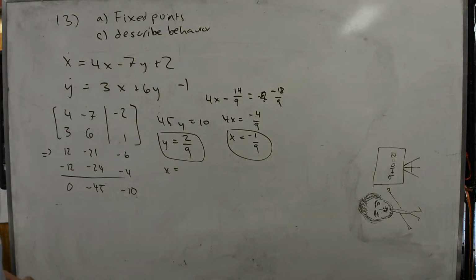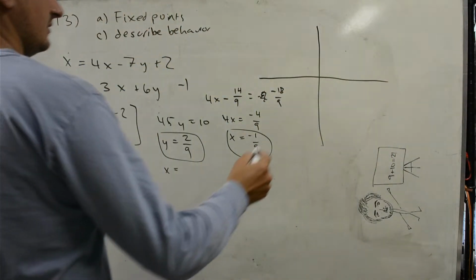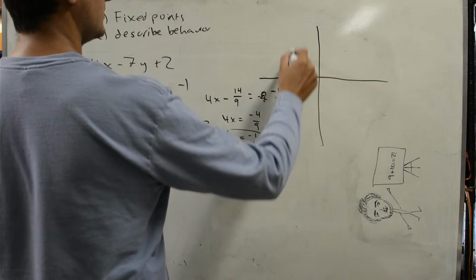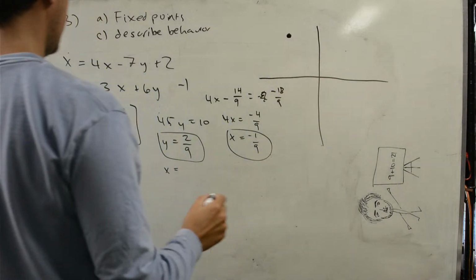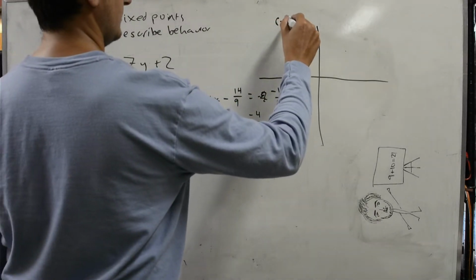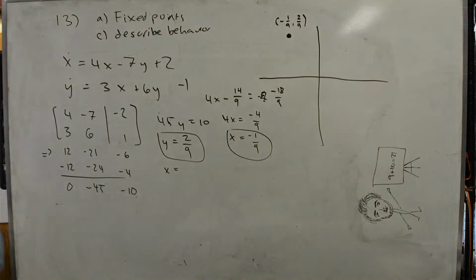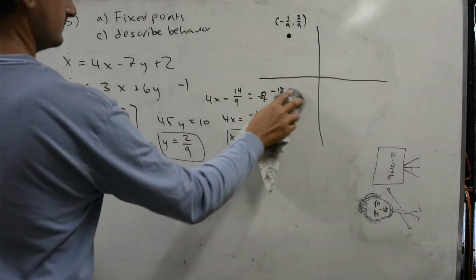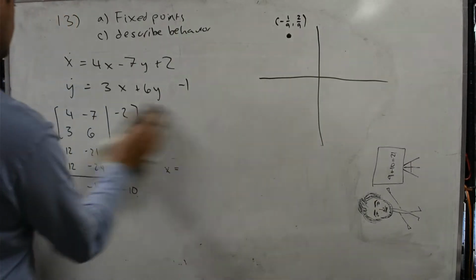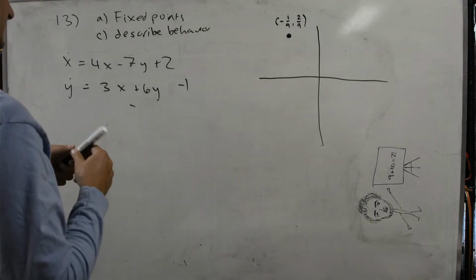So that's a fixed point, but then what we want to know is the behavior. We want to get a geometric picture of this thing. So if we're at minus 1/9, 2/9, we're right here. But then if we, let's see.